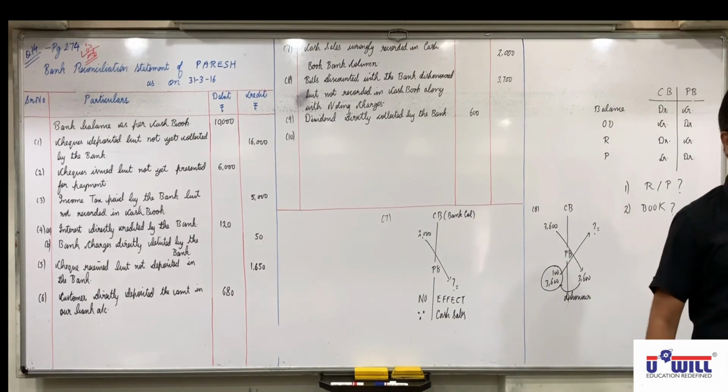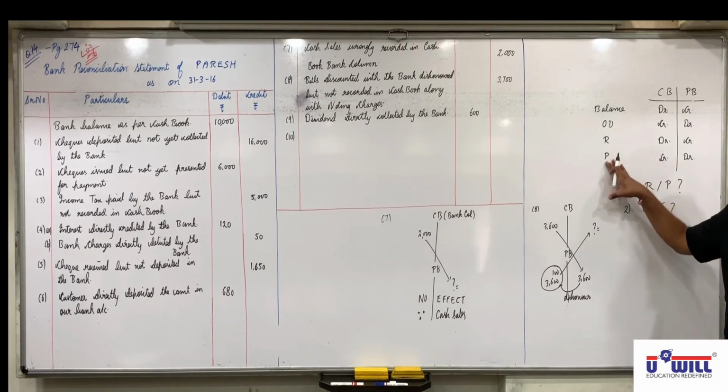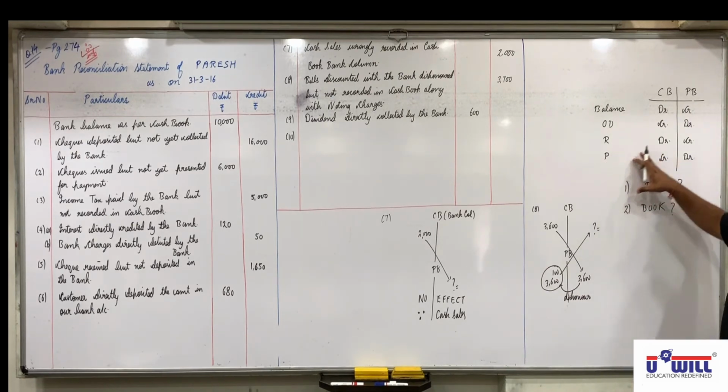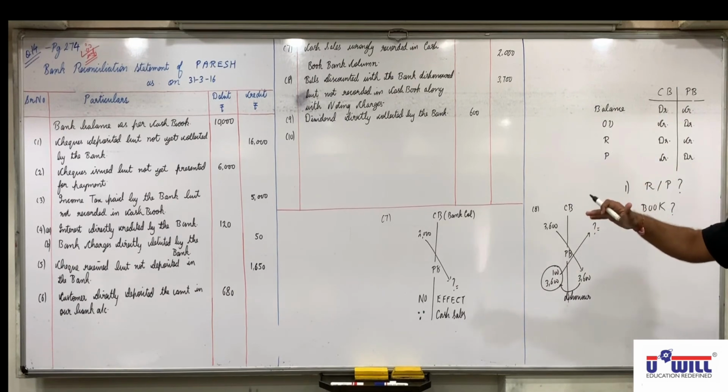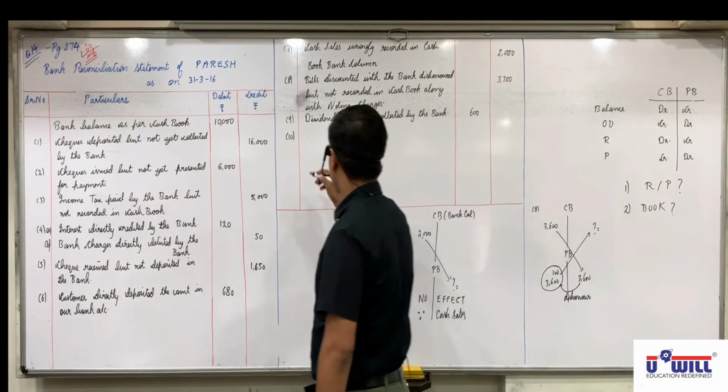Correct. So now, bank has paid means is it a receipt or a payment? Payment, and clearly given, not recorded in cash book, so credited in DRS. Bank has paid means bank has debited in passbook, but it is not yet credited in cash book, so credited in DRS.